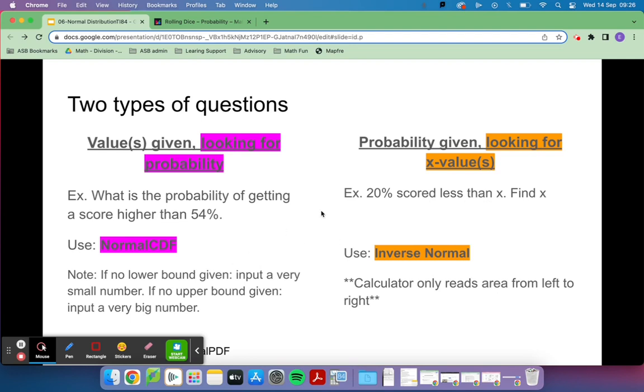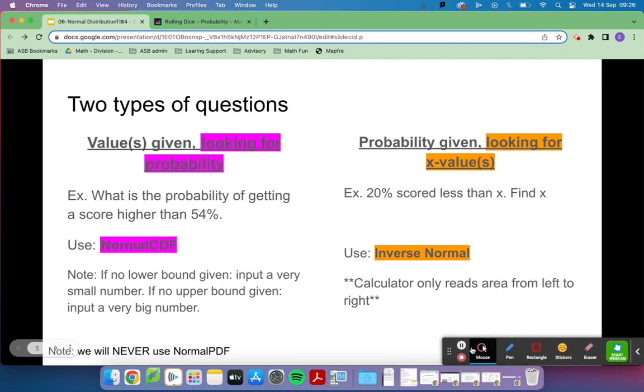So these are the most important calculator tools. You will never use what's called normal PDF. Thinking back to when we were doing binomial distribution, we were using CDF and PDF. For normal distribution, we're only using CDF or inverse normal.